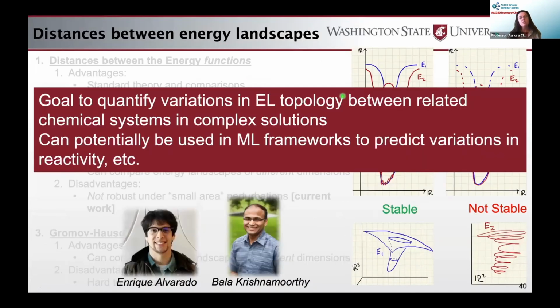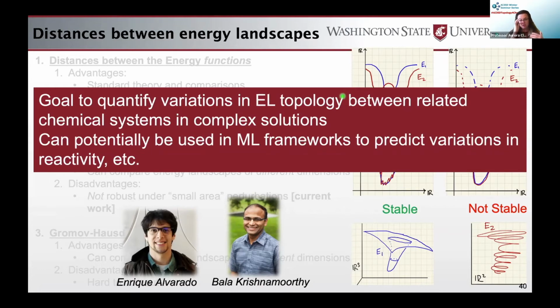And so what we want to do is quantify these variations in energy landscape topology between related systems in complex solutions. We learn based upon what we learned for the alkane case, and as we're slowly building up our molecular understanding and learning the fundamentals, we're really excited about the applications that this could have in more complex solution-based frameworks.